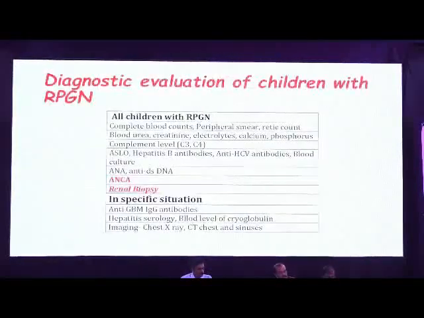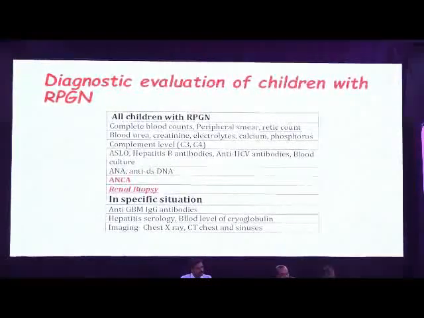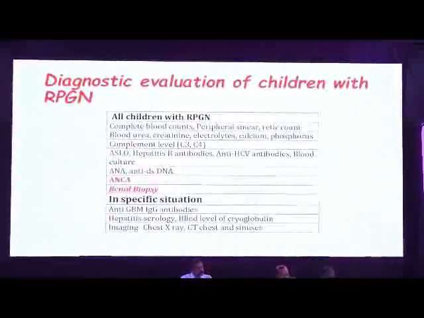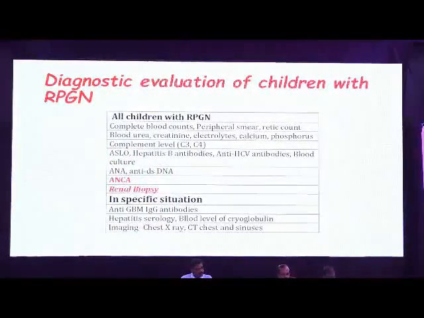Remember that all these children require ANCA, ANA, complement panel, and biopsy in specific situations. Anti-GBM should also be done in children, and nowadays we have line immunoassays which look at anti-GBM and ANCA on the same test.